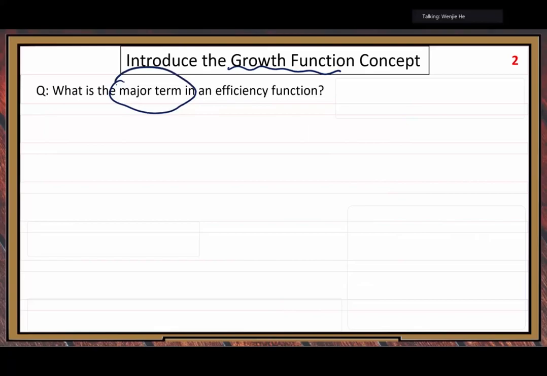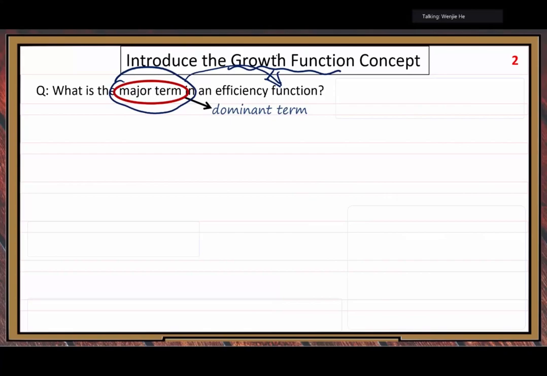We use the major term to approximate the original function, which is relatively complicated. So we want to simplify it. In the first round simplification, we use the major term, the dominant term.